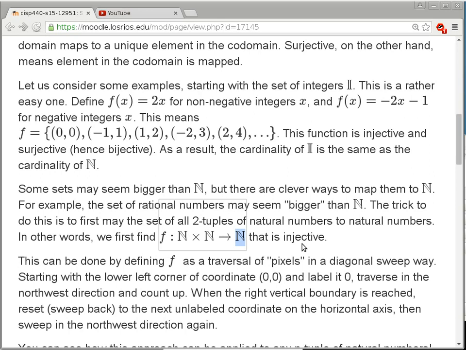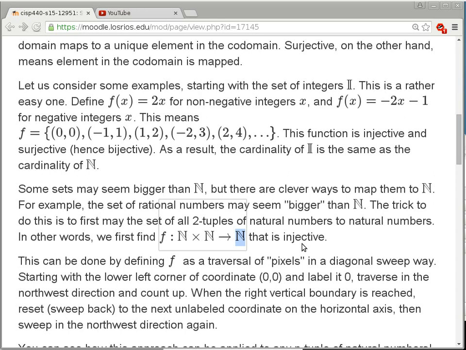In other words, we are traversing in a diagonal fashion. When we hit the end of the diagonal line, we'll rewind to start on the next diagonal line. So this way, you can see how I can span the entire two-dimensional space of all two-tuples where we have natural numbers in both components.